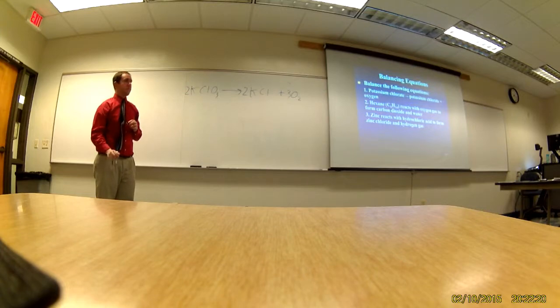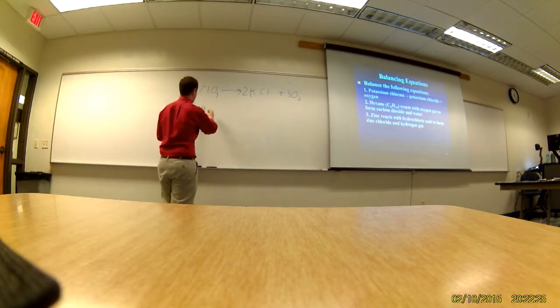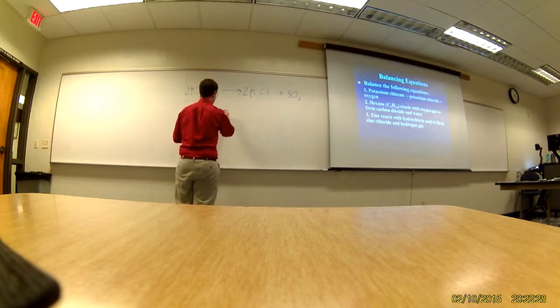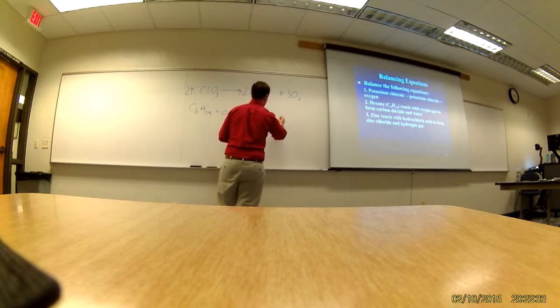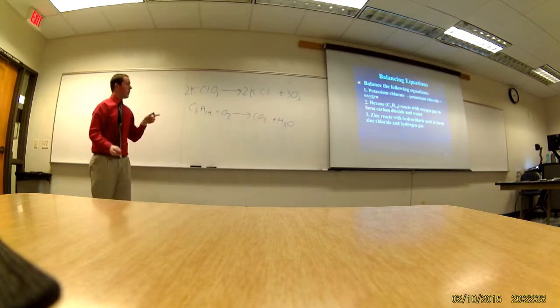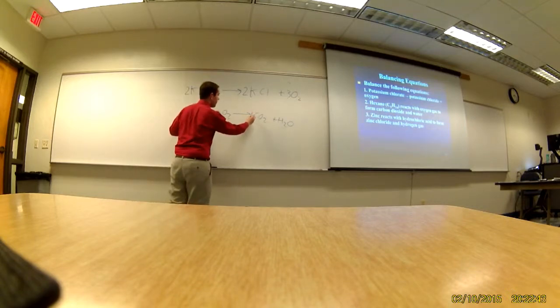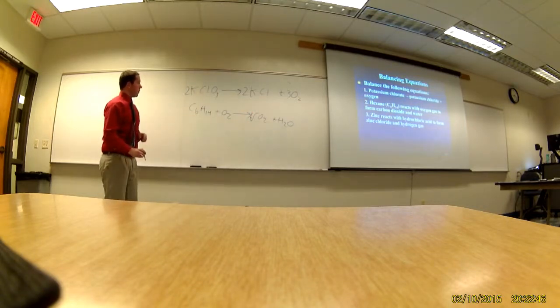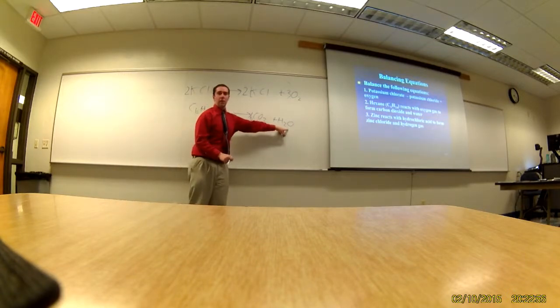Everything is balanced. There is hexane, C6H14, plus oxygen yields CO2 plus water. Start with your carbons. Are your carbons balanced? No. There's 6, there's 1. So let's put a 6 here. Let's go to our oxygens. Are they balanced? No. But again, we have pairs and odd numbers, right?